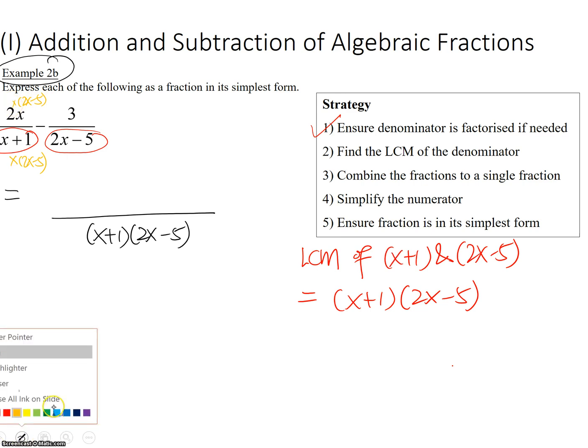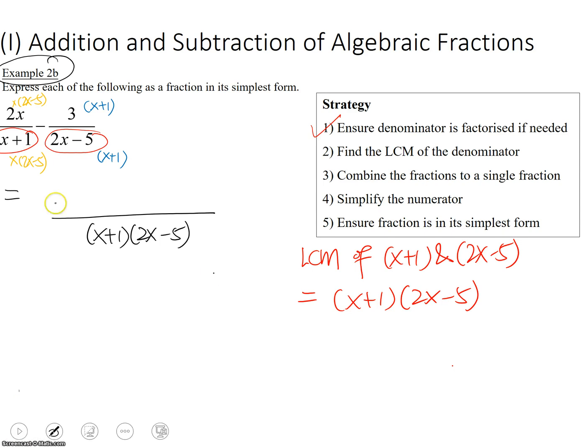For the second fraction, I need to multiply x plus 1 to the denominator to get this LCM, so I will also need to multiply x plus 1 to the numerator. With this, I will now write it out. So I get 2x times 2x minus 5 minus 3 bracket x plus 1. This is step number 3.